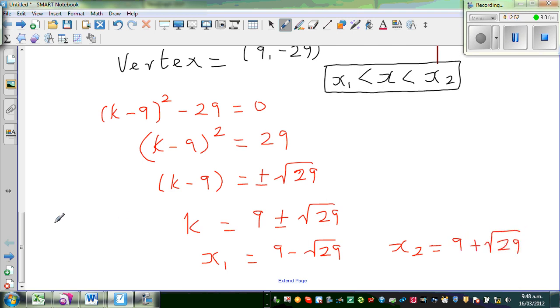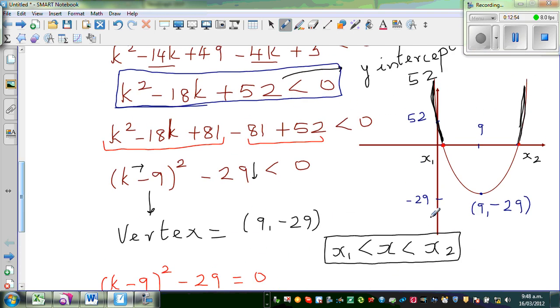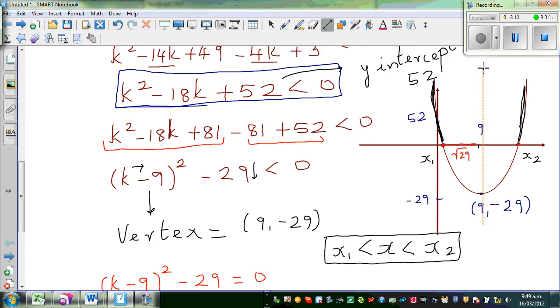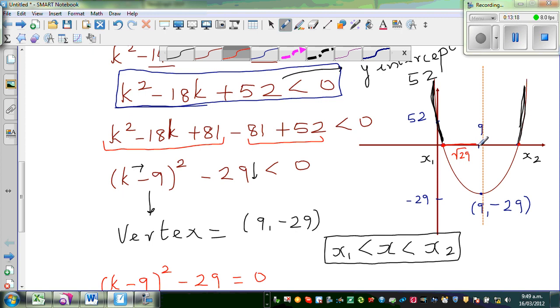Let us look at our graph. These 2 points are equidistant from the vertex. Let me draw the line of symmetry. This distance is root 29 to the left, and this distance is also root 29 to the right.